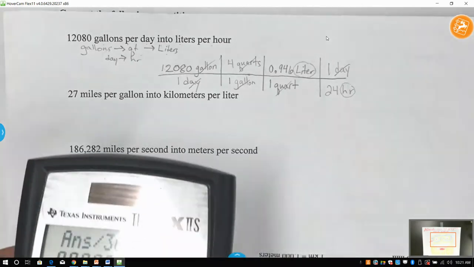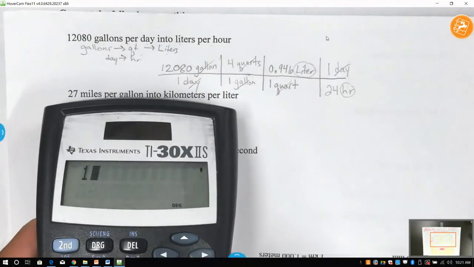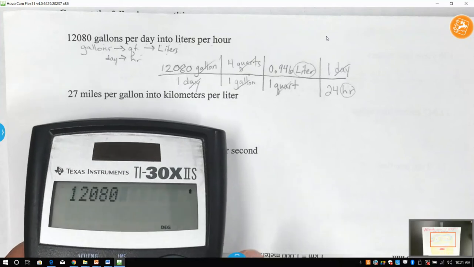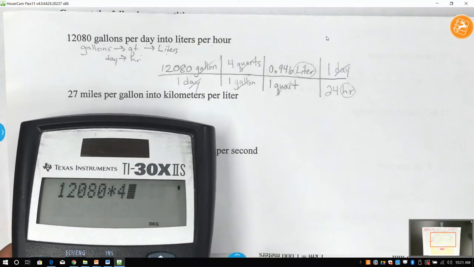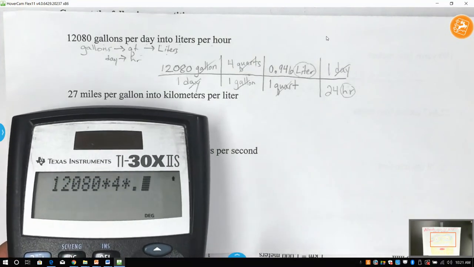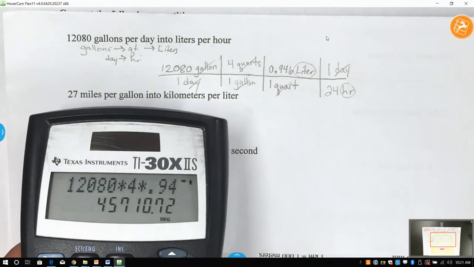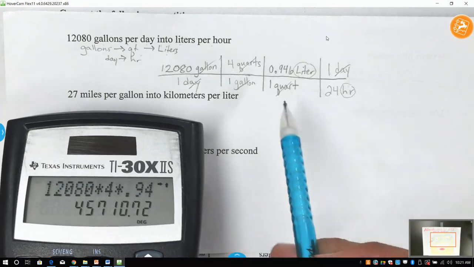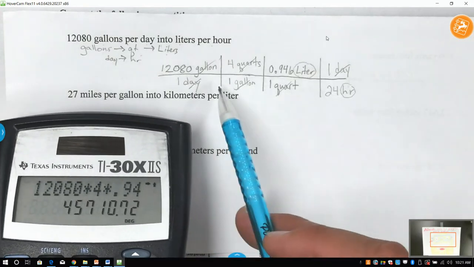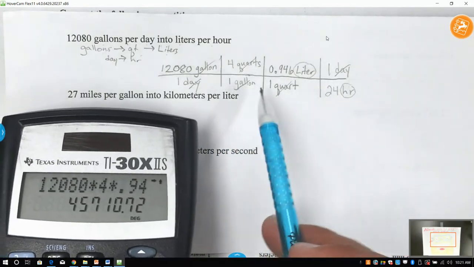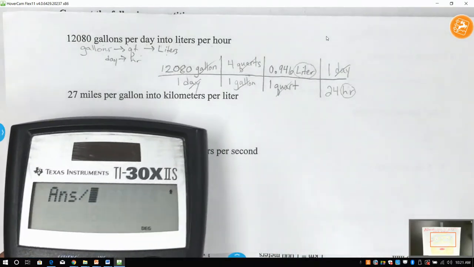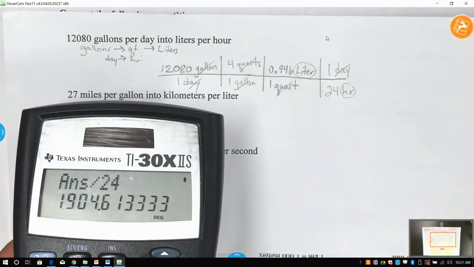So calculator, 12,080, multiply everybody on top, so times 4 times 0.946 equals some big number, and divide by everybody on bottom, but we don't need to worry about the 1, so we're just going to divide that answer by 24.